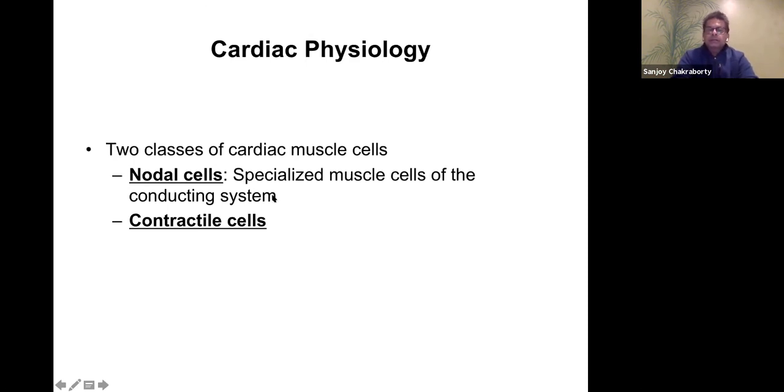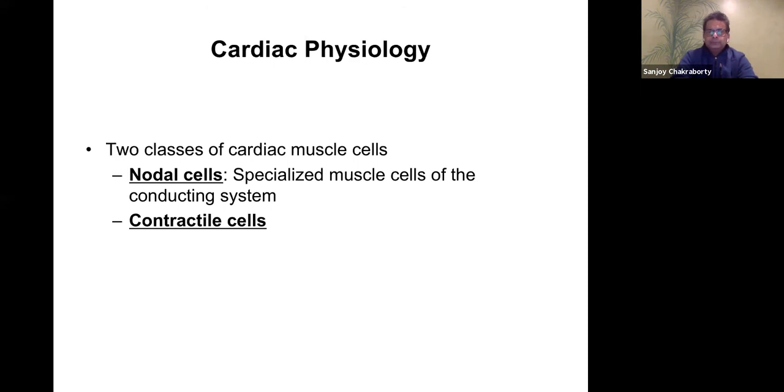So nodal cells are a smaller population of cardiac muscle cells in the heart. They have the ability to produce the signal that, in the case of skeletal muscle, is sent by the nervous system. So that's the biggest thing to understand. The remaining part, like troponin binding with calcium and tropomyosin moving, is pretty similar.